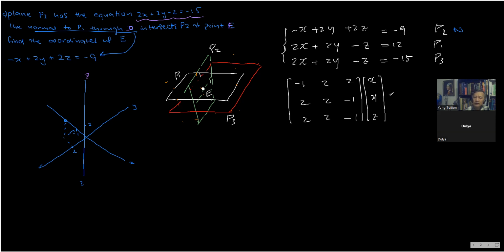Do you know how to find the inverse of this? So this is A, 3 by 3. Or you can use Gaussian row reduction. Do you remember the Gaussian row reduction? In this case, we only have 2 independent equations because you can see these two are the same.